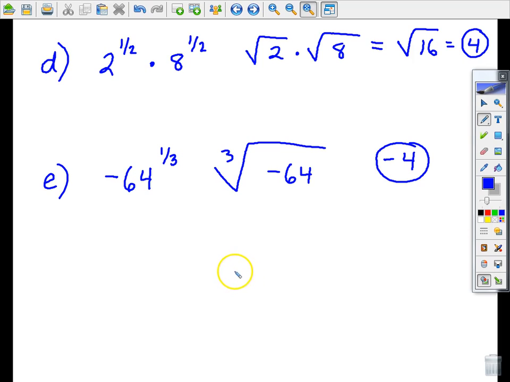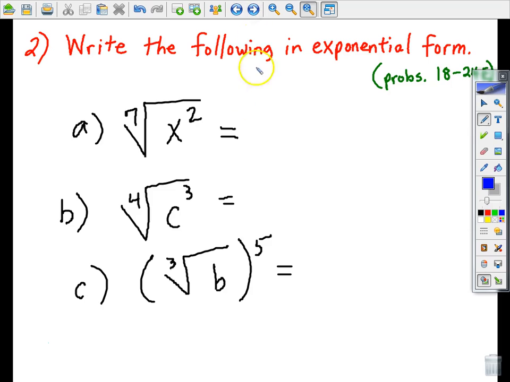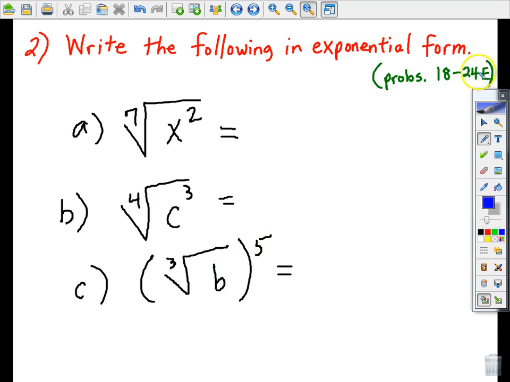Okay, any questions so far? Because we're about to switch gears and we're going to go from radical form to rational exponent form. So just going the opposite direction. So that's what you're going to do in problems 18 to 24 even. You'll be given radical form and we just have to write the rational exponent form.